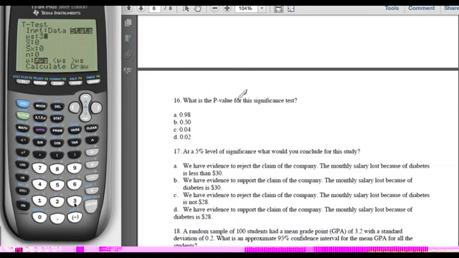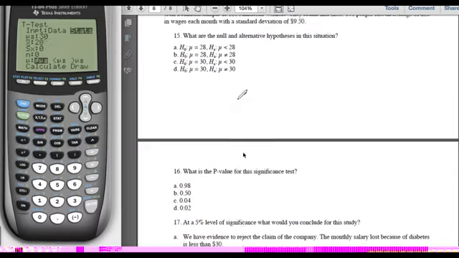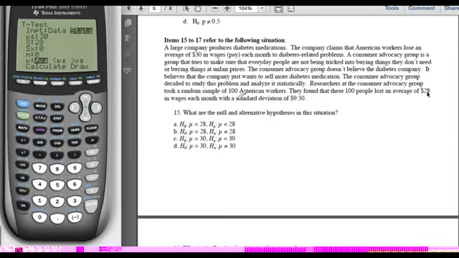My mu, my baseline, was $30 from the company. My x bar was 28. That's my sample mean. The standard deviation was 950 from a sample size of 100 American workers, and our alternative symbol was the less than symbol. That's what we had in choice C.